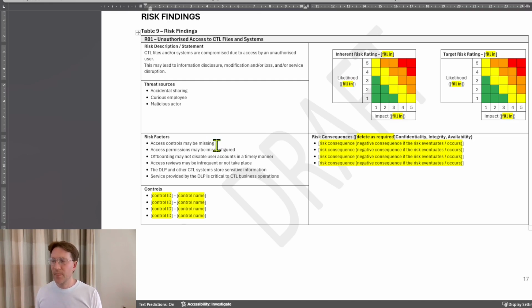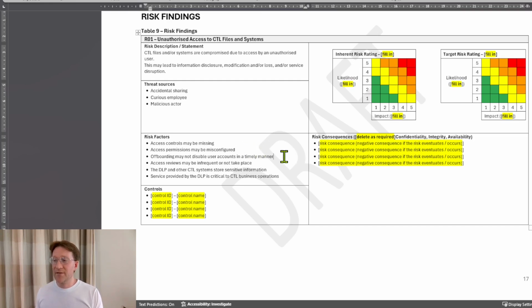So this may be missing completely in some cases. There may be some access controls, but they may just be wrong. They may have accidentally given someone, a new person they hired to be a salesperson, not the right set of access. There is something there, but it's just not good enough.